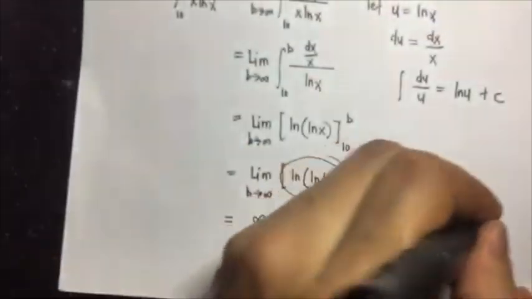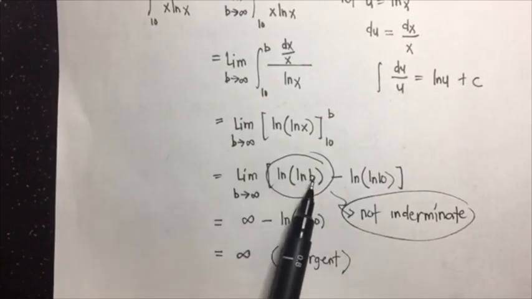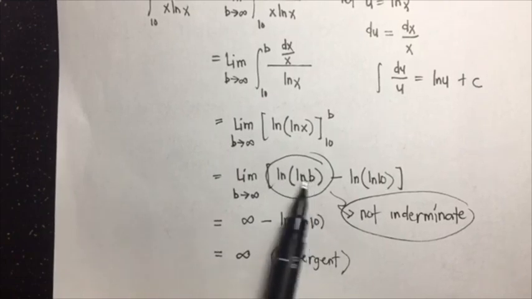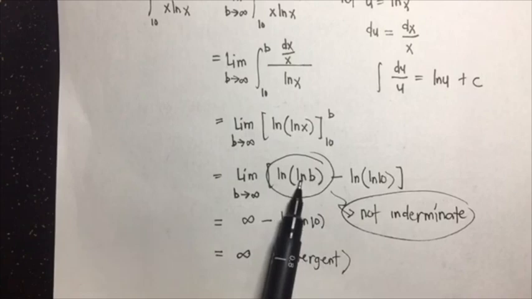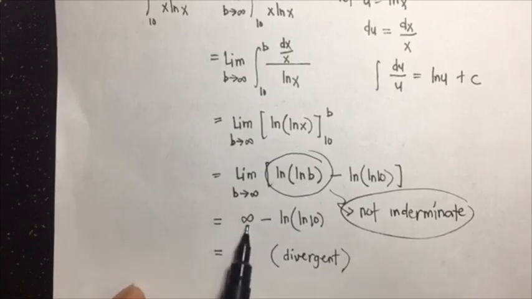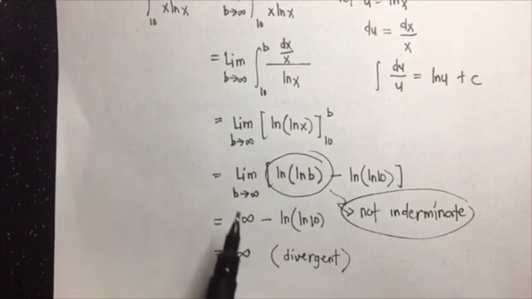It's ln of infinity, and ln of infinity is infinity. So therefore, we know that the result will be infinity.